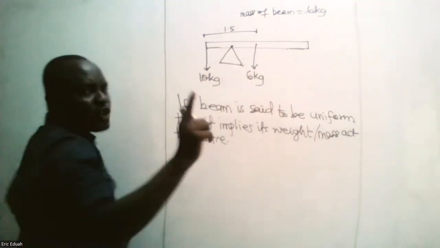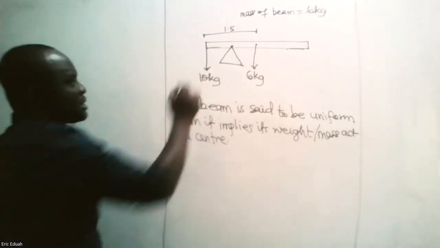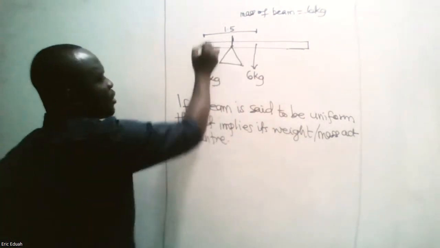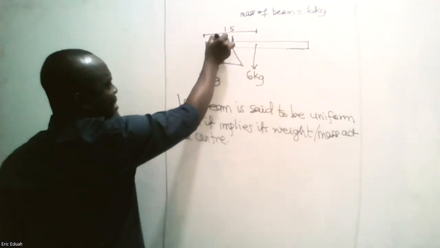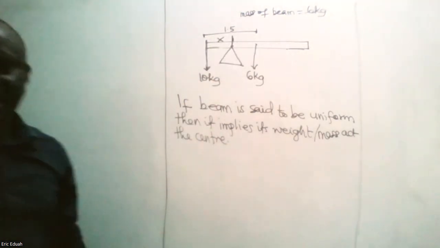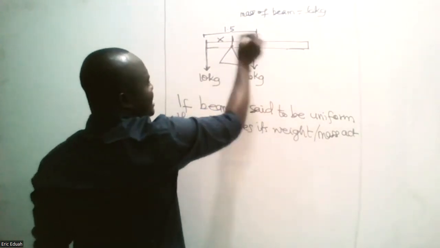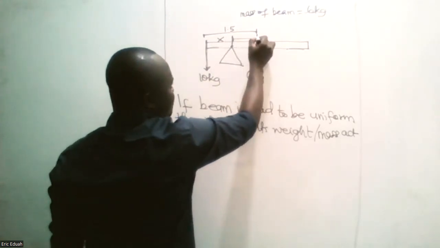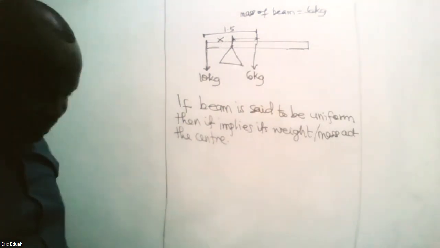Now, because we are not specific about where precisely to place the support, let the distance of the support from the end, or from the 10 kilogram mass, be X. So if from the end to where the support is placed is X, Patience, what will be the distance from the 6 kilogram mass, which is the mass of the beam, to the support?